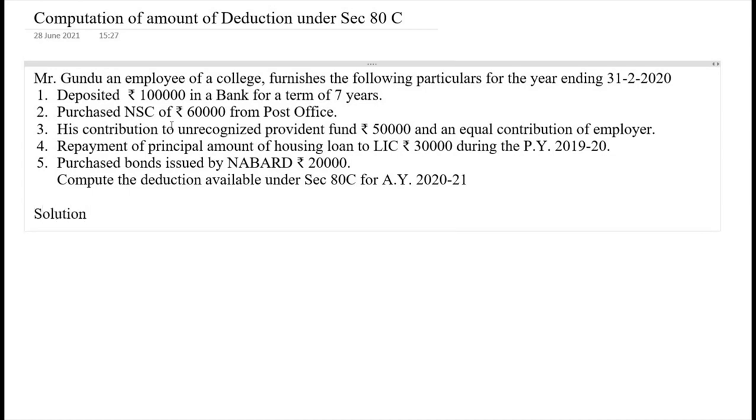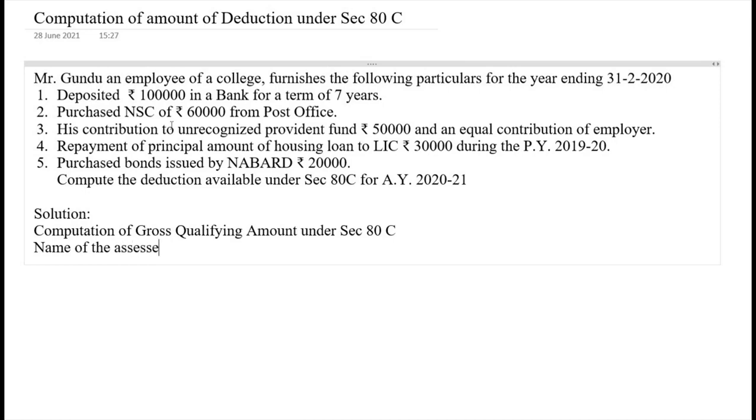So let's go for solution. Let me write down here computation of gross qualifying amount under section 80C of name of the assessee Mr. Gundu, previous year 2019-20, assessment year 2021.